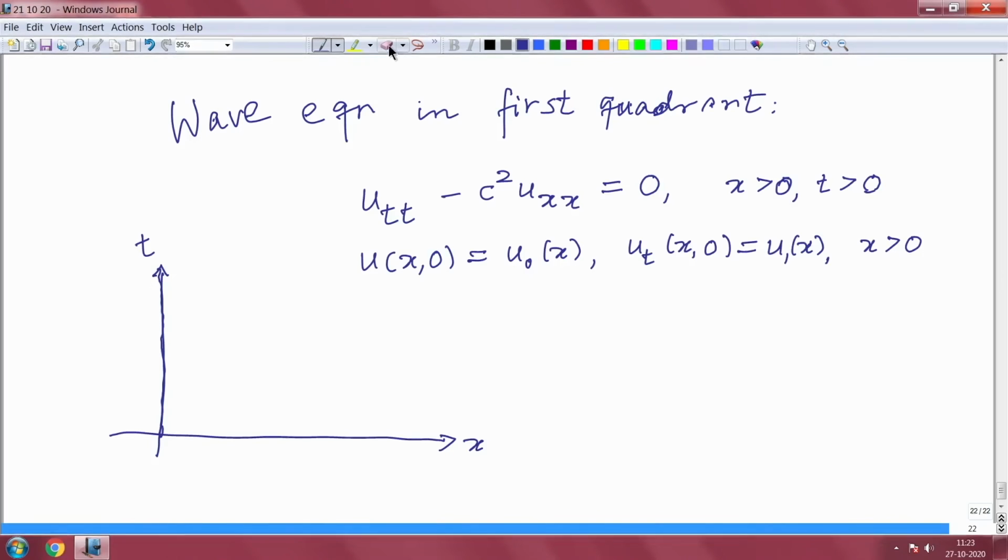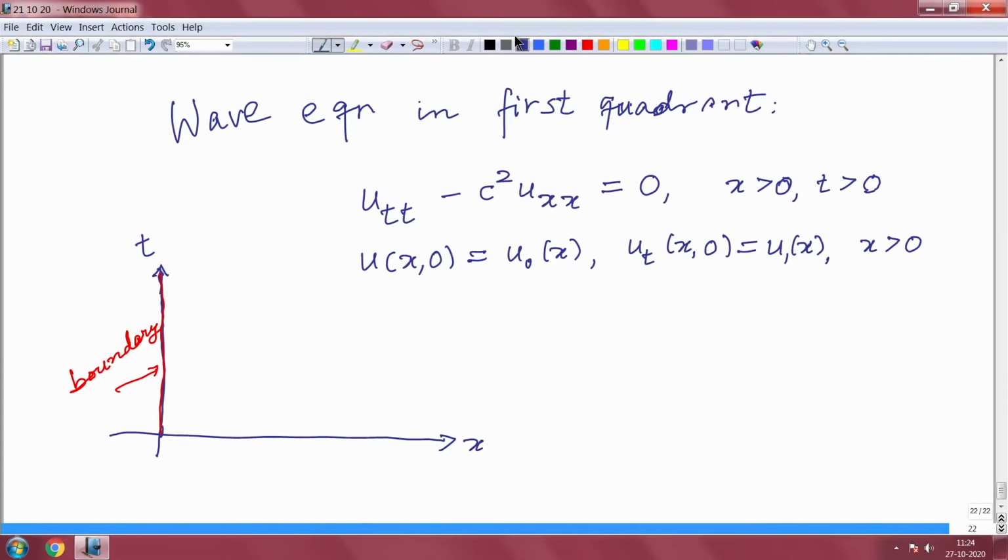So, let me use a different color here. A boundary. So, what is the boundary? Boundary is the t axis. So, that is x equal to 0. So, we have to provide some conditions on the boundary.